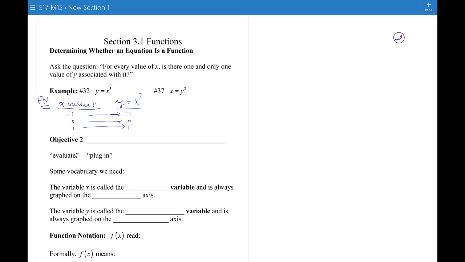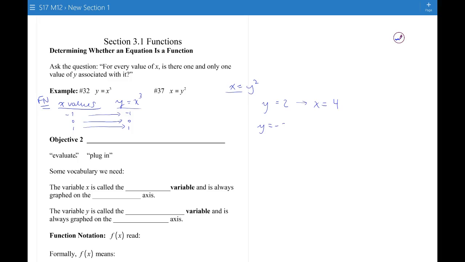But then I have x is y squared. So let's think about how this one goes. If I have x values, and then x is y squared, I can get more than one. Let's see. If I have y is 2, then x is 4.